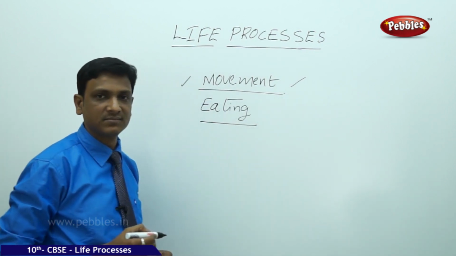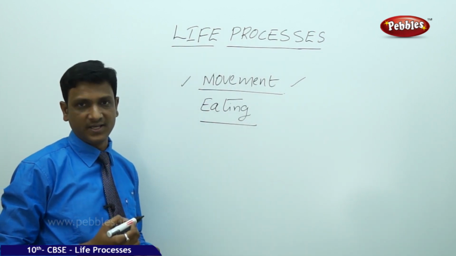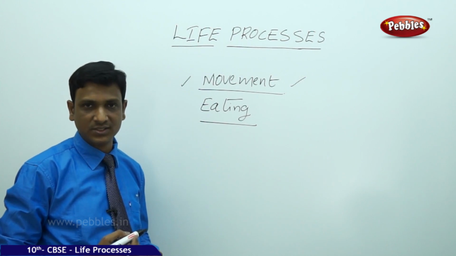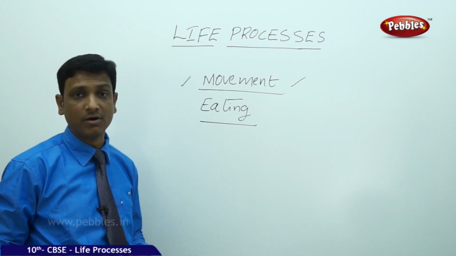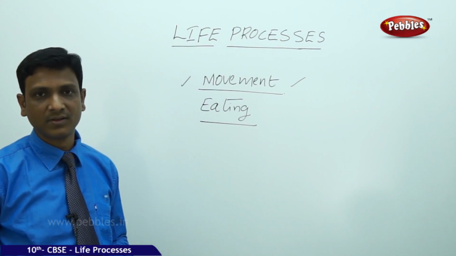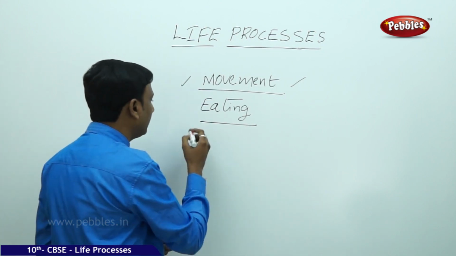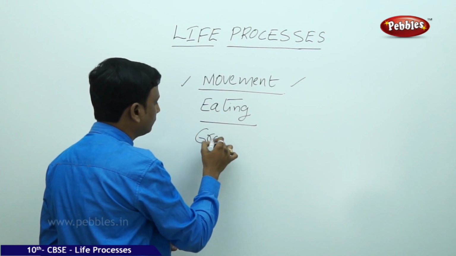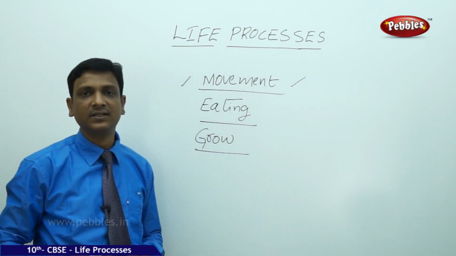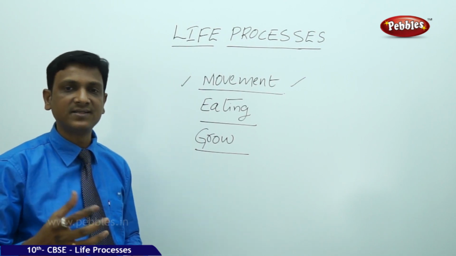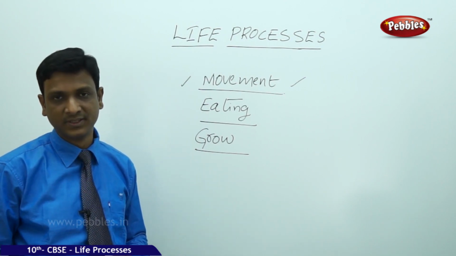And what else we take? What other features we take to decide whether a thing is living or non-living? Growth. Living things grow. That means increase in their size. Living things increase in their size from time to time.